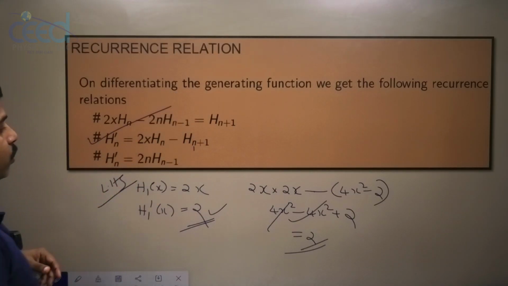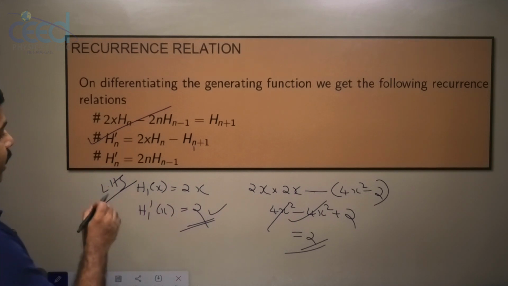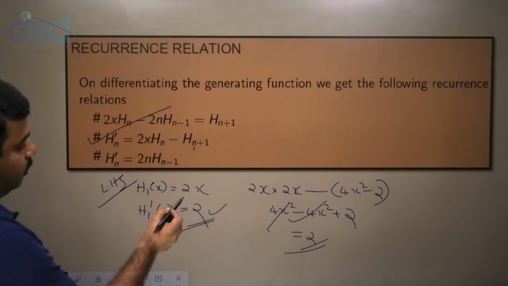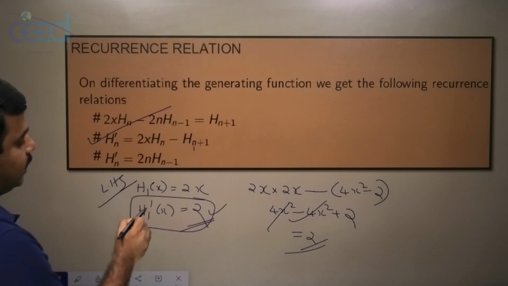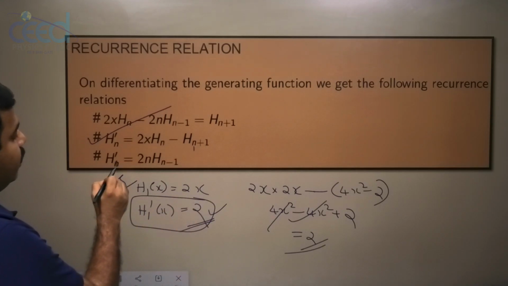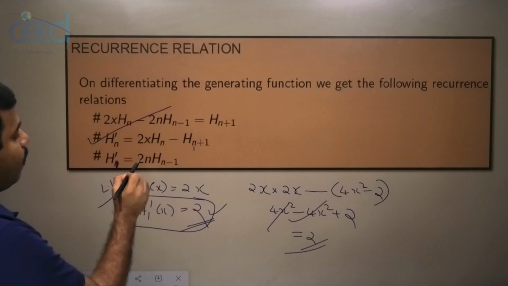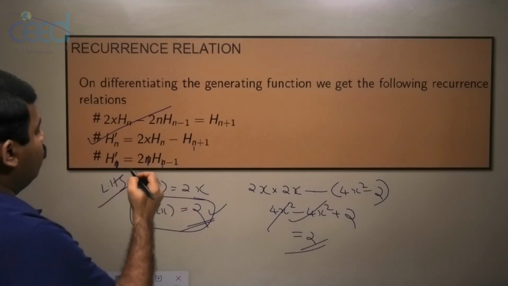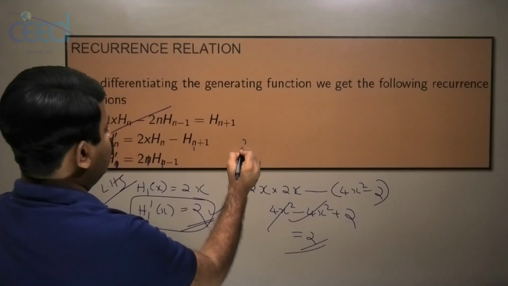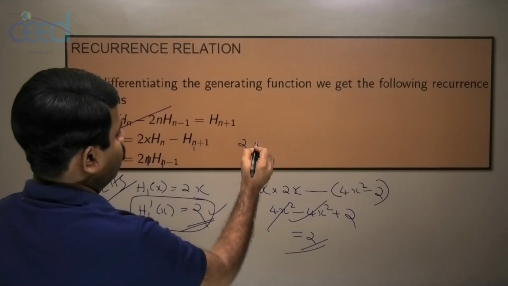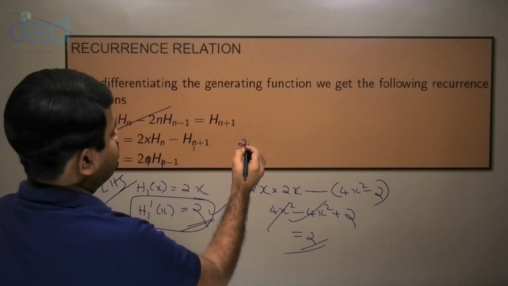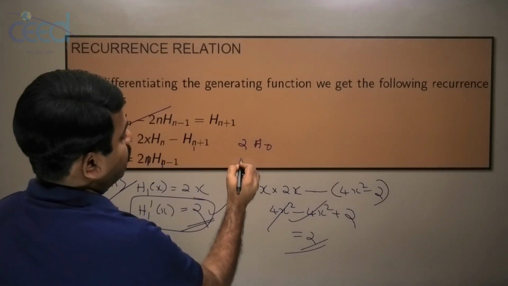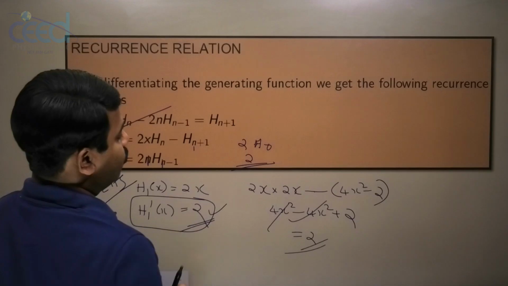Now this one also you can prove like that. Put again h dash n. I put n, then h dash 1 here I put, then here 1, here 1 minus 1 is 0. Now this is 2. Now 2 into h0. What is h0? h0 is 1, we know, 2.